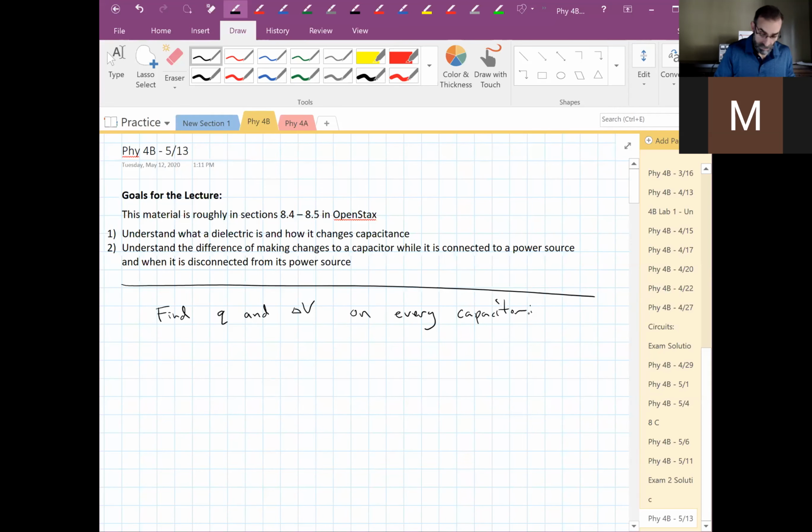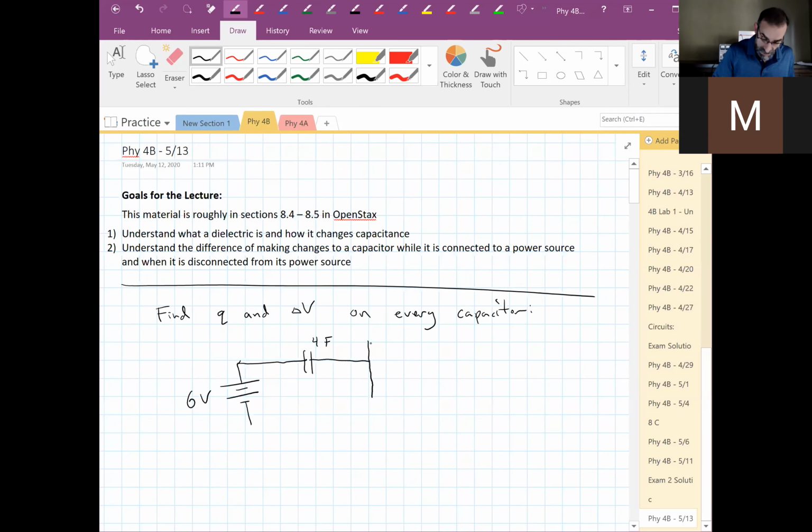Okay, but we'll make it a little more interesting. We'll have 5 capacitors here, a 6-volt battery, and 4 farad. Of course, normally these would be like microfarads, but that's okay. We're just doing some quick calculations here.